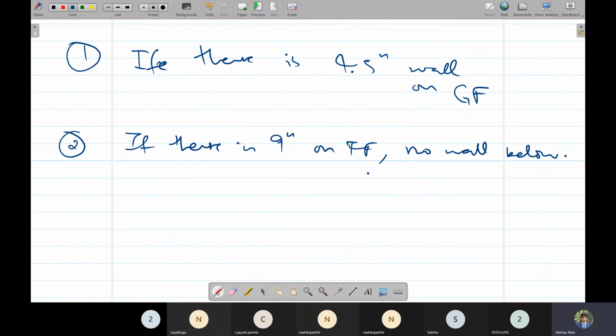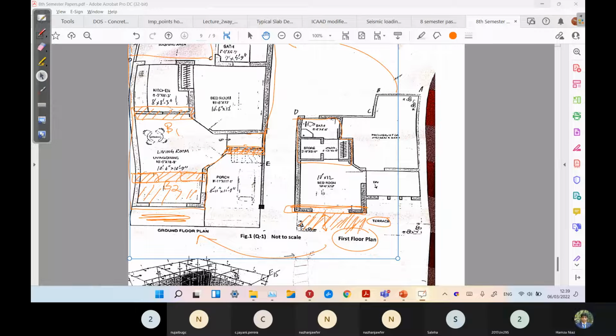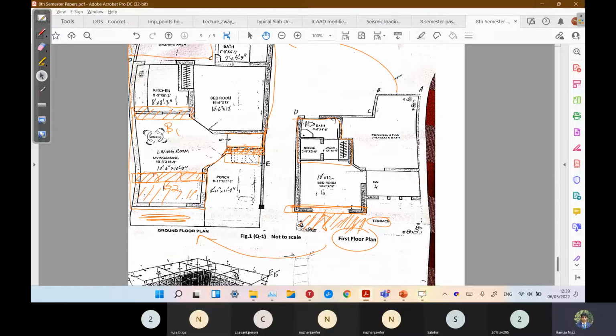So if there is a 9 inch wall on the first floor and there is no wall on the ground floor, then we require some beam there. Third thing is, if we have a staircase like this is our staircase.